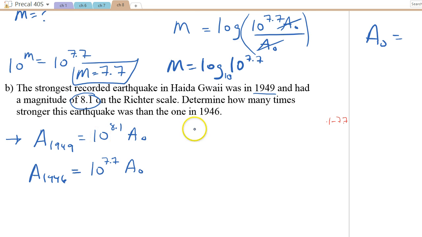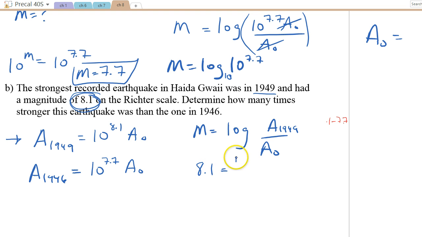Well, if we wanted to back up, we could say m is equal to the log of a over a0. And in this one, we're doing the one for 1949. We could say, okay, here the magnitude was 8.1. M is 8.1. It's equal to the log of a, the amplitude of the earthquake in 1949, divided by the standard one, and this is base 10.